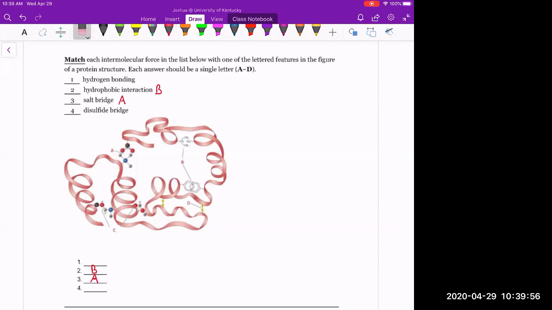D, let me see that a little bigger. Those are sulfur atoms. That's a disulfide bridge. And then C, an OH bond, an NH bond, and then you've got OH, OH.